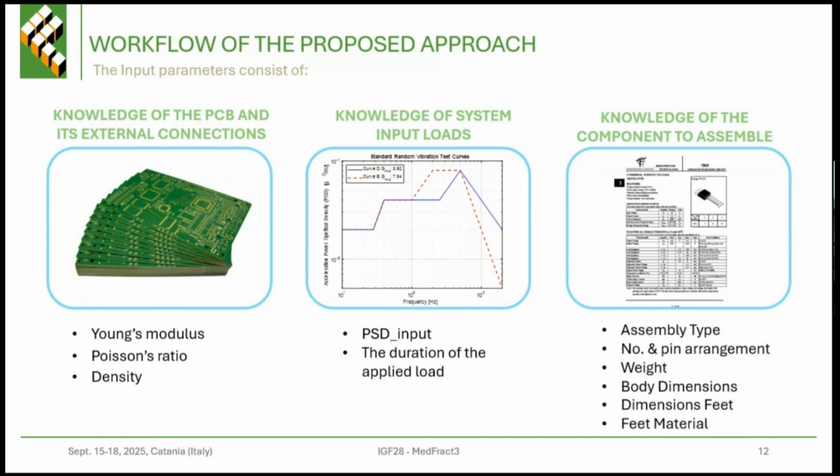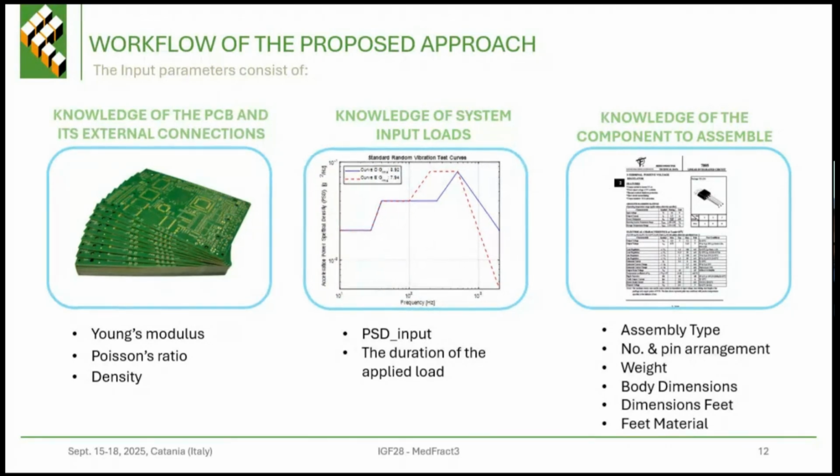After that, we have to know the input, like the power spectral density of the input acceleration, and its duration. Another set of parameters we need comes from the data sheet of the component.